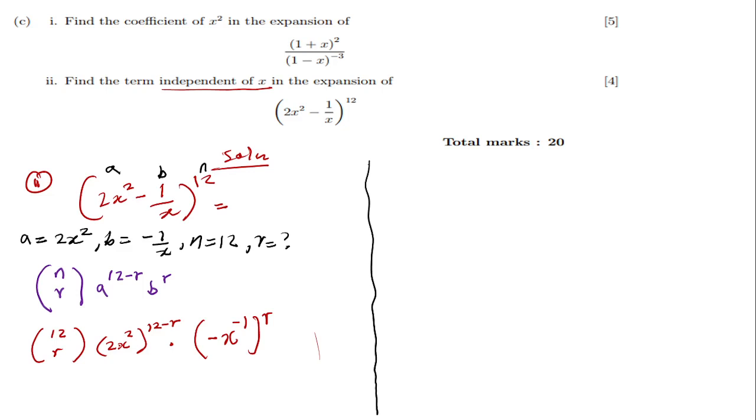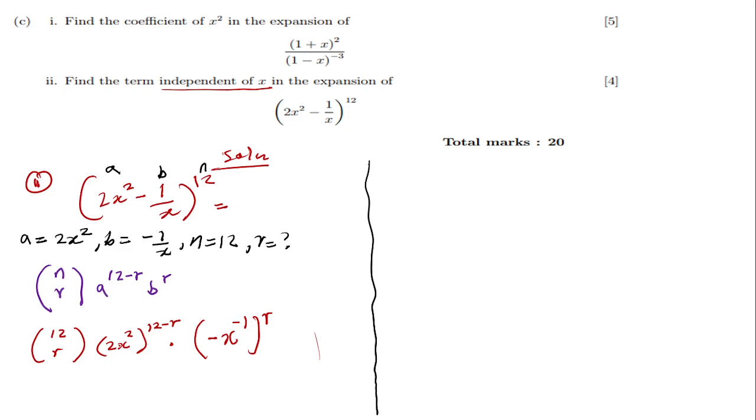This times that: x to the power 2 times that is going to be 24 minus 2r, and then you multiply x to the power negative r. It is equal to x to the power 0. That's what you are going to have there.